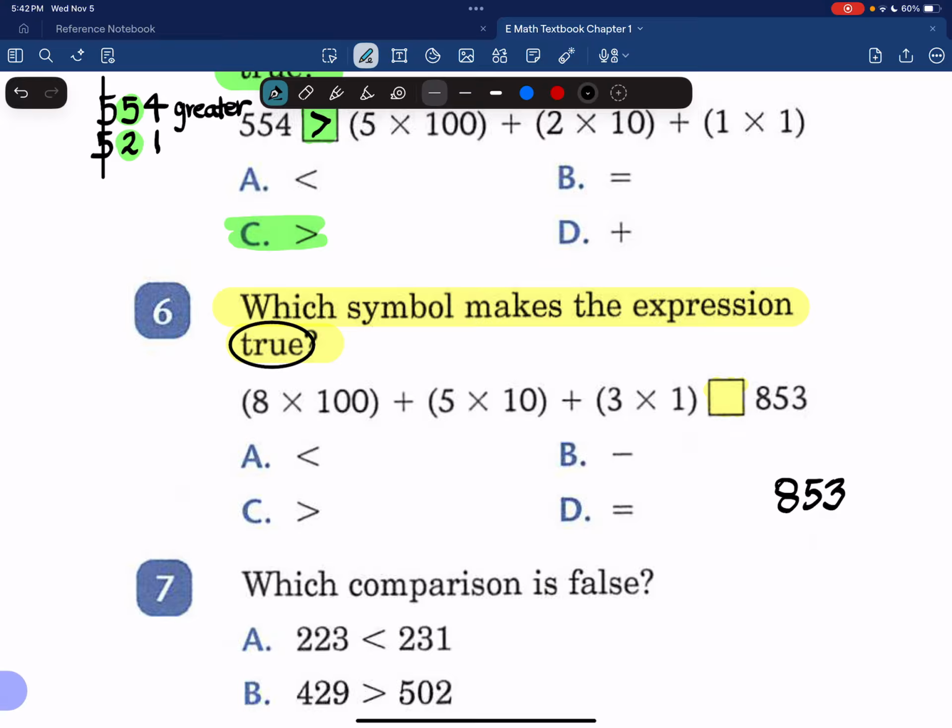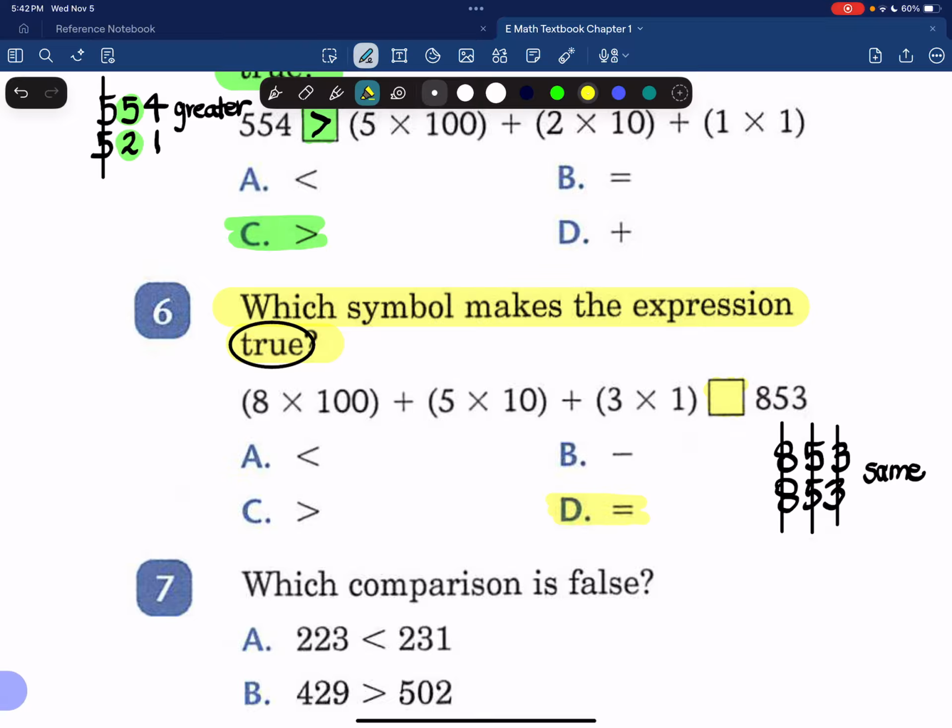The first one in front of the box is 8 in the hundreds place, 5 in the tens place, and 3 in the ones place. So the 8s are the same, the 5s are the same, and the 3s are the same. So what is it in our symbol library that means same? You got it. It is the equal sign.